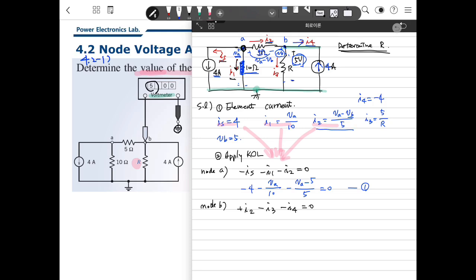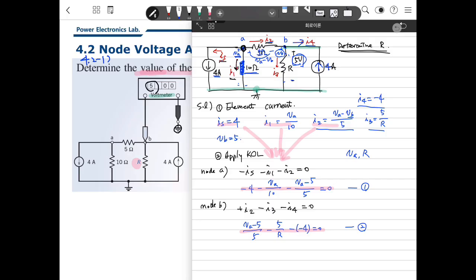I2 is (VA minus 5) over 5, I3 is minus 5 over R, and I4 is minus 4, so minus 4 is 0. This is equation 2. So we have two unknown variables. What are they? VA and R. And we have two equations, one node equation for A and one for B. So we can solve for R and VA simply.